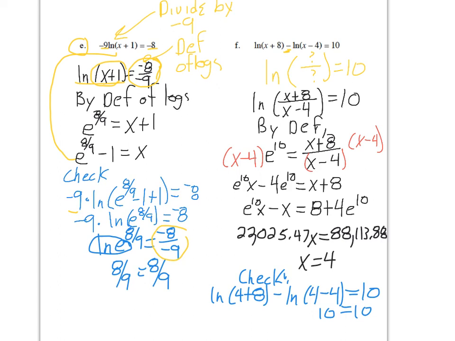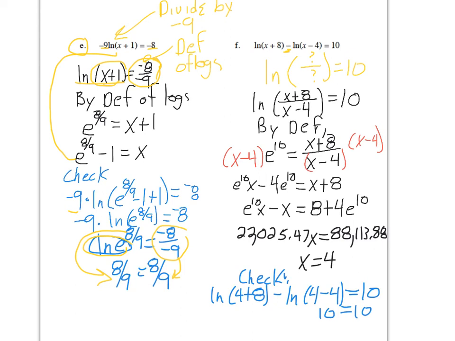And so now you have the ln of e raised to the 8/9 equaling a -8 over -9. A -8 over -9 is just 8/9. And on the left side, this ln of e, the property is they undo each other, and you are left with just the 8/9.